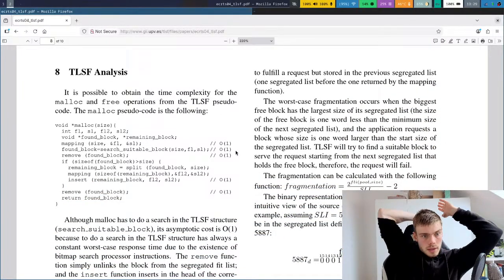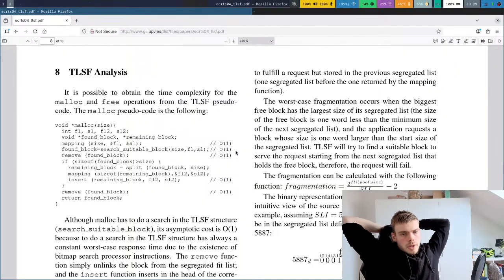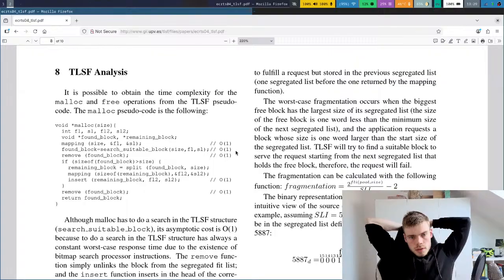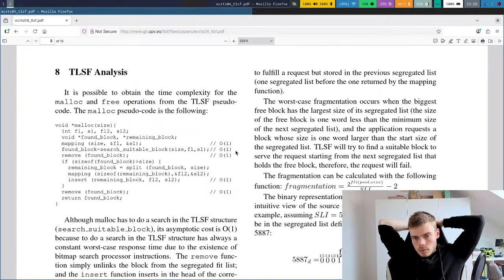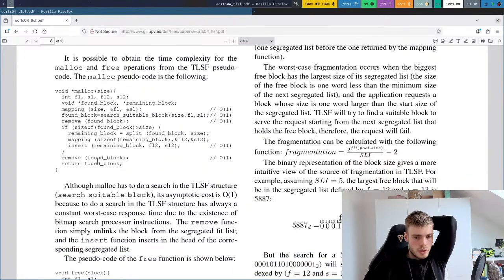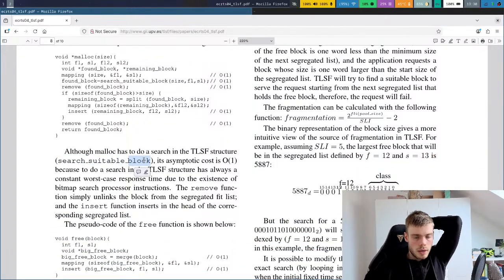TLSF analysis. It is possible to obtain the time complexity of malloc and free operations from the pseudocode. Malloc follows... Although malloc has to search in a TLSF structure, this cost is 1, because a search in a TLSF structure always has a constant response time due to bitmap instructions.